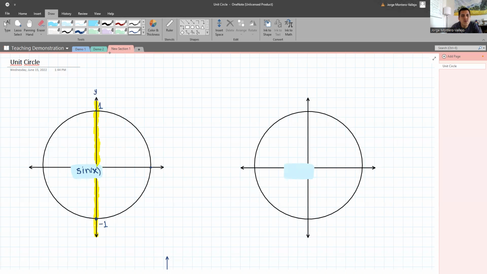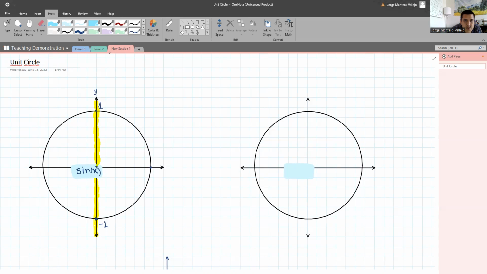Now, how do you get their sine values? So sine of 0, how do we find sine of 0? All we need to do is know where this point that corresponds to degree 0 has its shadow on the y-axis. This point, degree 0, has its shadow directly onto the origin, and remember that at the origin the y-axis takes the value of 0.